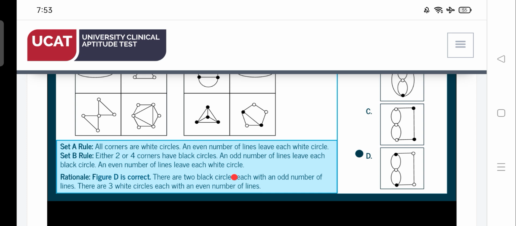Figure D is correct. There are 2 black circles, each with an odd number of lines. There are 3 white circles, each with an even number of lines. So that's why the correct option is option D. This belongs to set B.